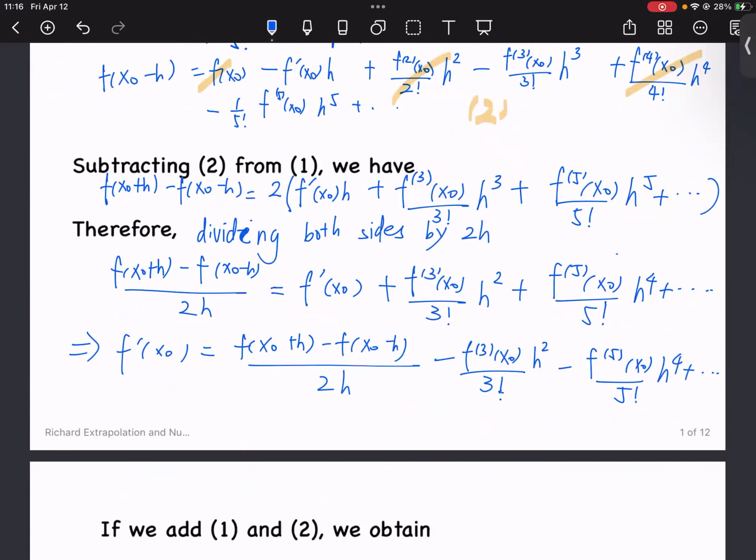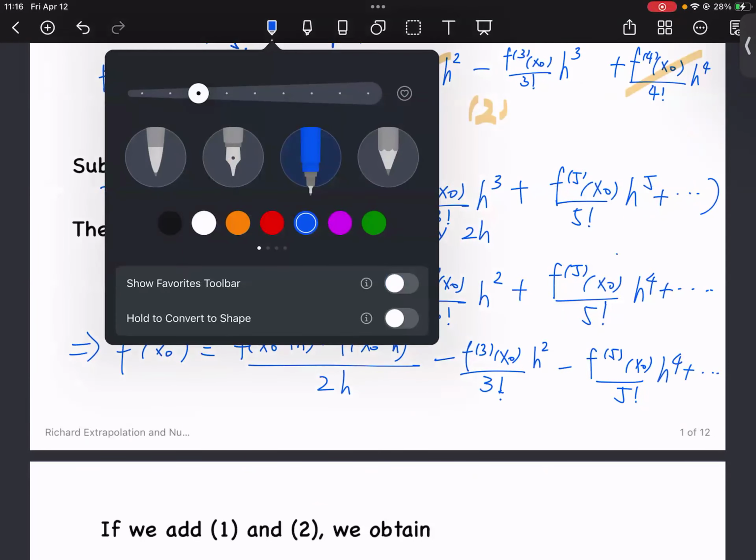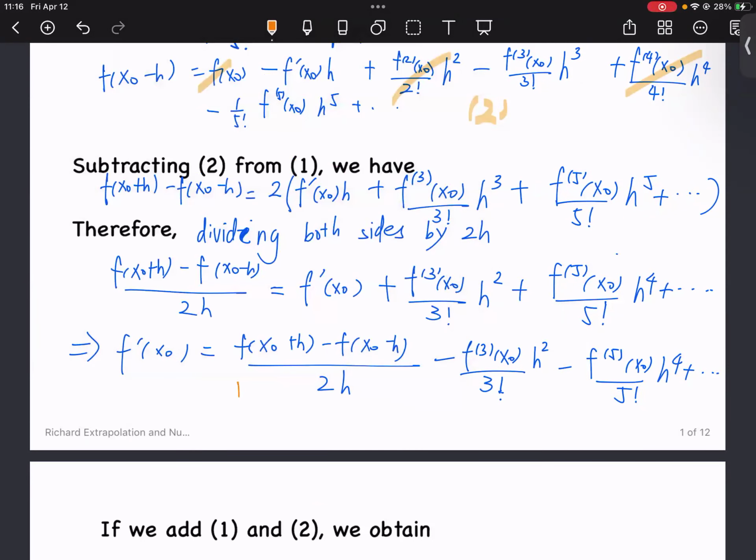This is something we already mentioned in the last class, the standard difference formula. It's nothing new, but another method to derive it. In the last class we used Newton's form, but here we use the Taylor expansions.